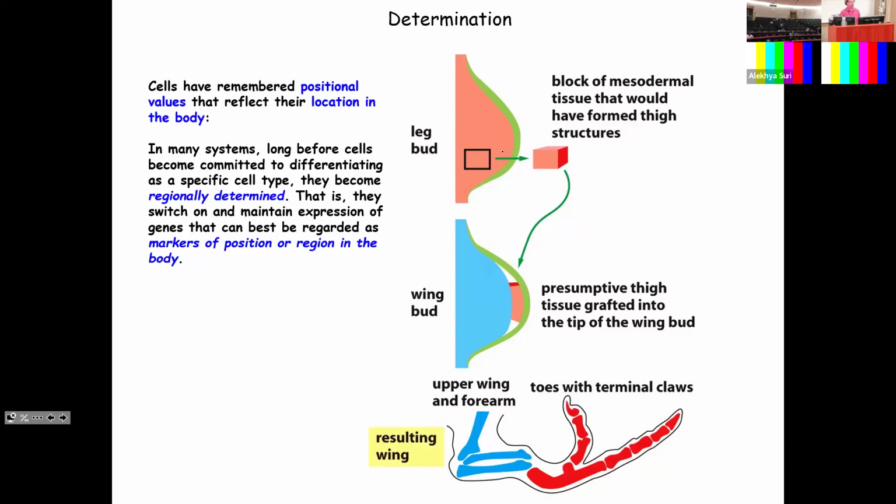For example, in this particular experiment, one portion of a tissue of the leg of a chick was undifferentiated. These were all mesenchymal cells. It was transplanted into a particular portion of the wing bud.